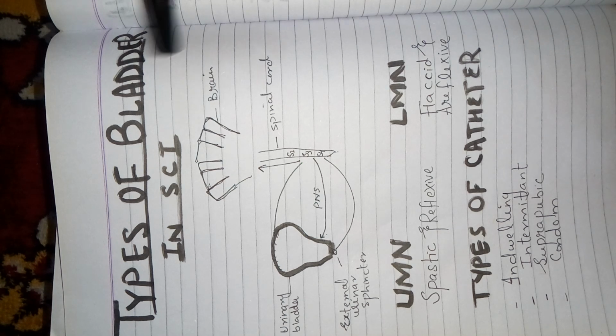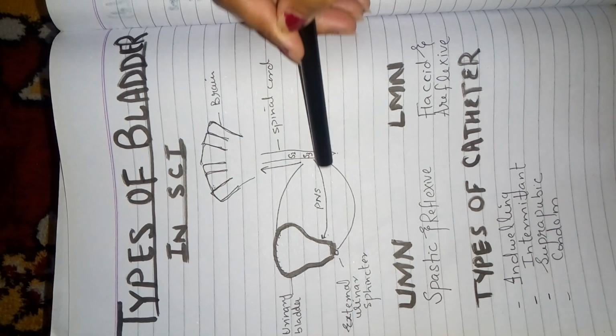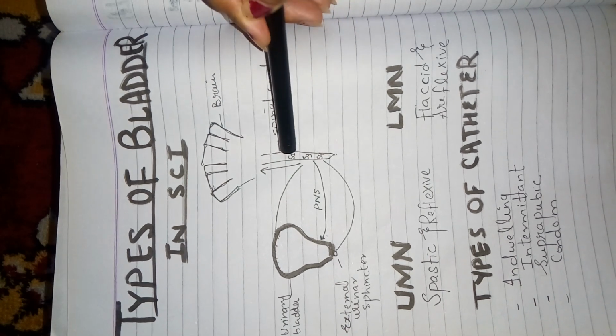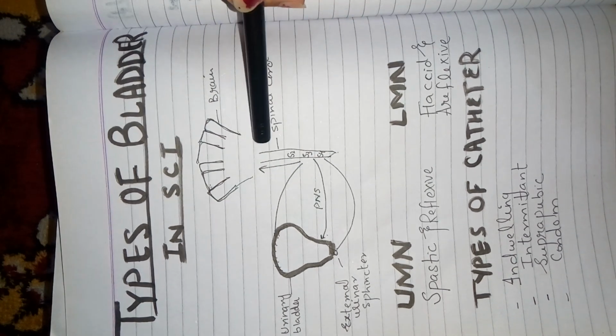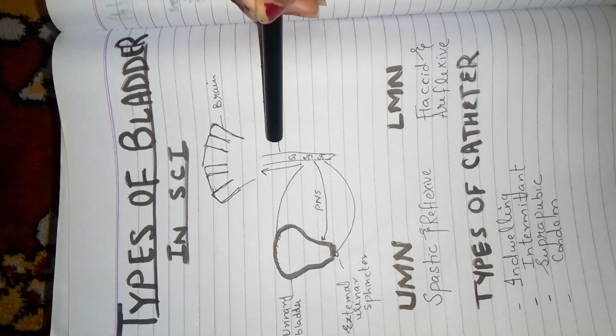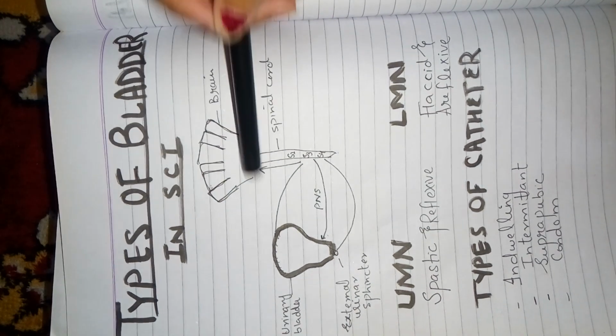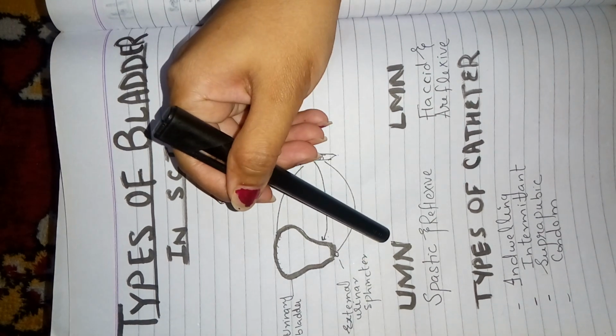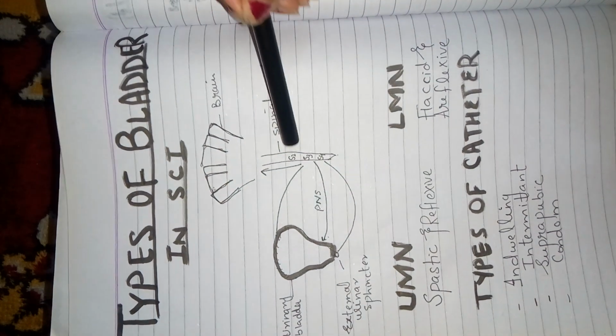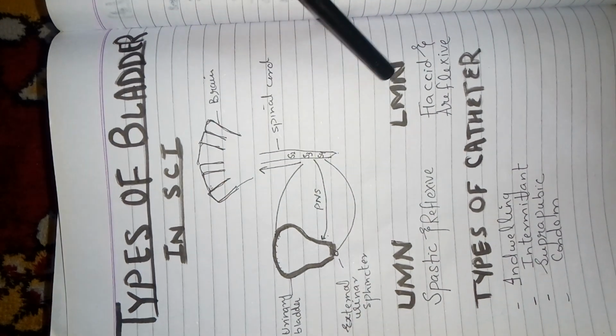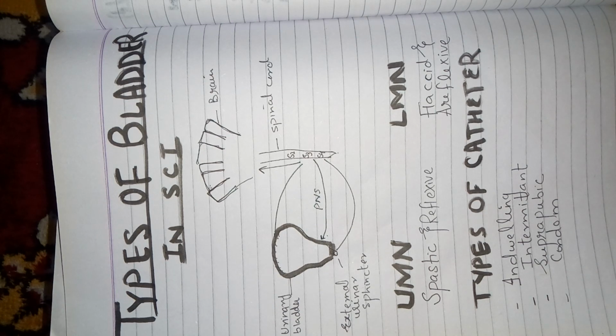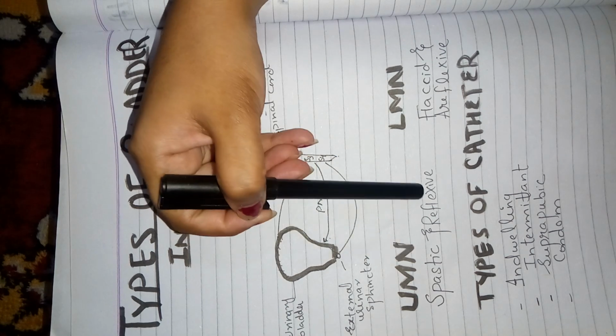As the sacral levels control the micturition reflex, any injury through the lumbar level or above will result in the upper motor neuron type of bladder, and any injury through the sacral level will result in the lower motor neuron type. Now what do we mean by upper and lower motor neuron? When the resulting bladder is upper motor neuron type, it will be spastic and reflexive.